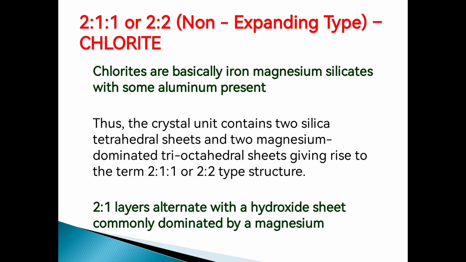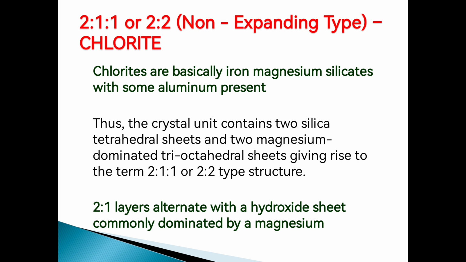Then we also have 2:2 non-expanding type, which includes chlorite. Chlorites are basically iron magnesium silicates with some aluminum present. Thus, the crystal unit contains two silica tetrahedral sheets and two magnesium-dominated trioctahedral sheets, giving rise to the term 2:1:1 or 2:2 type structure.